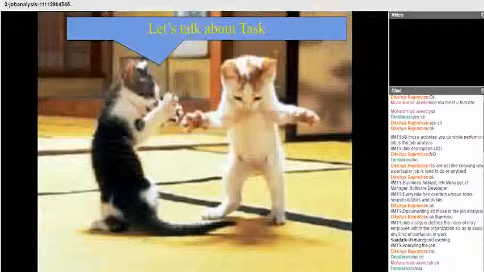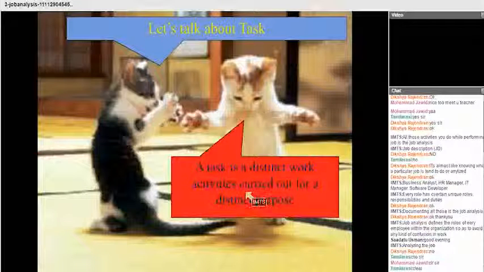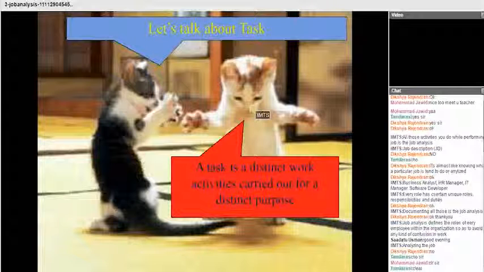Let's talk about task. A task is a distinct work activity carried out for a distinct purpose. Suppose you are a manager, you handle three things. You have to manage a team. You must also be technically sound, and you must also try to convince your bosses and get the project done on time.